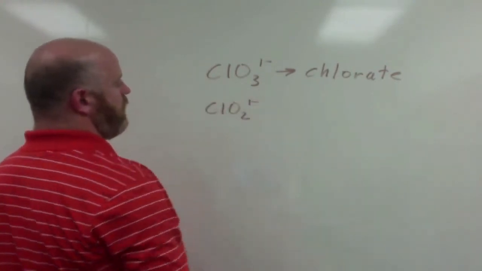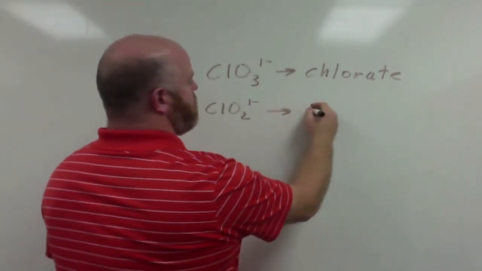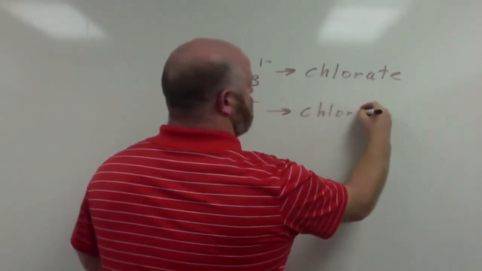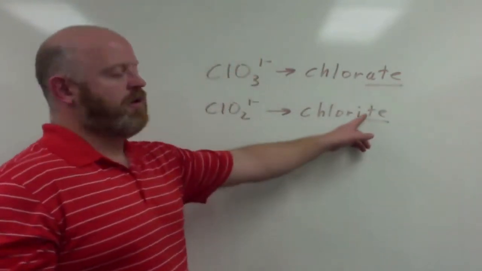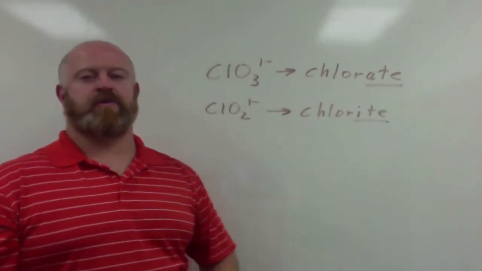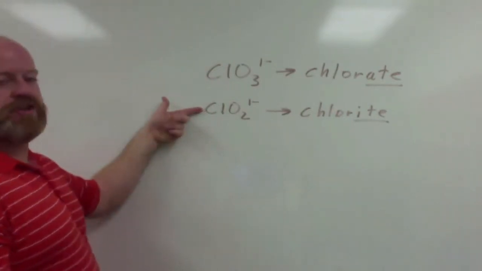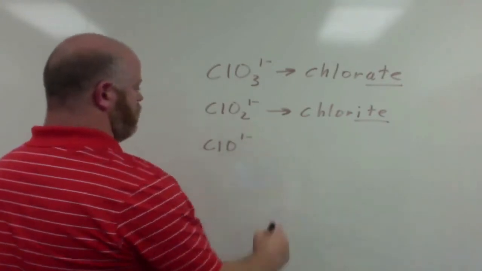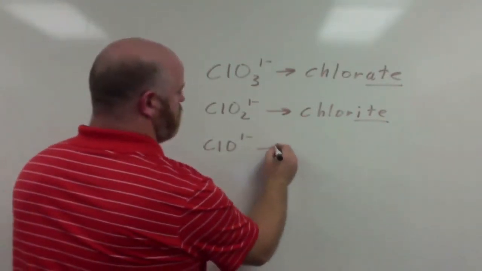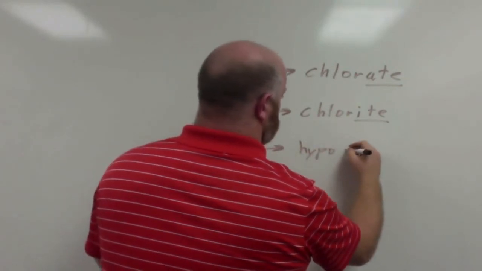If ClO3 1 minus is chlorate, then ClO2 1 minus, so if we reduce the oxygen by 1, we change the name slightly to chlorite instead. So your ites are always minus 1 oxygen. If we reduce the oxygen again to just ClO, we call that a hypochlorite.